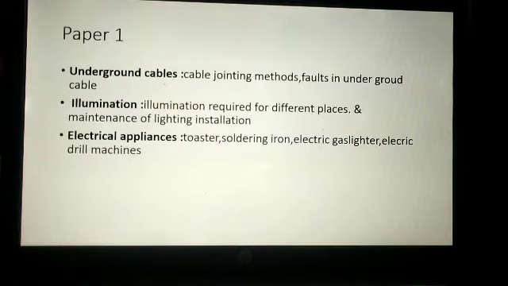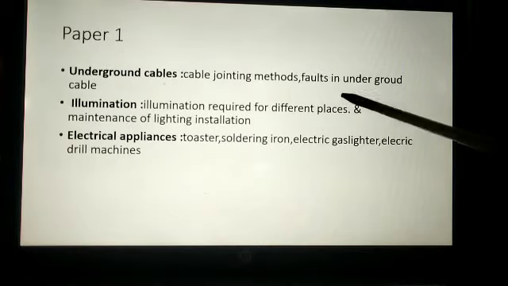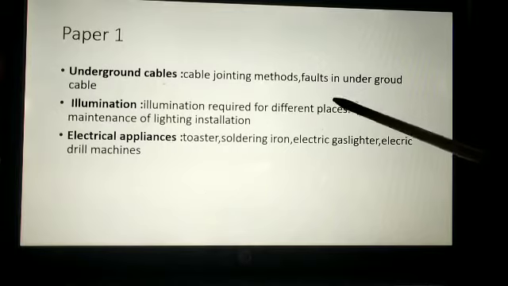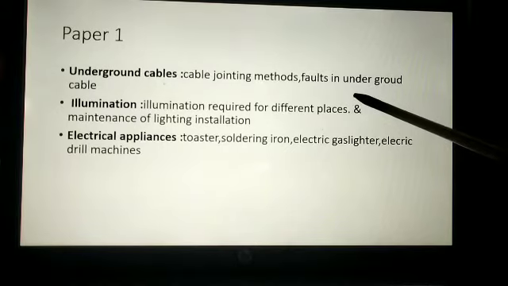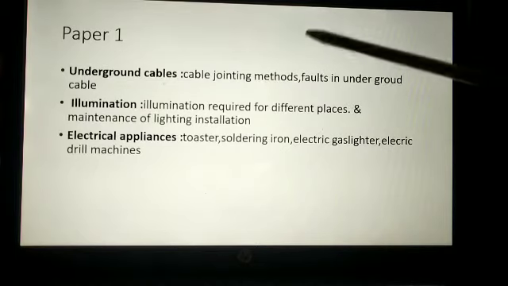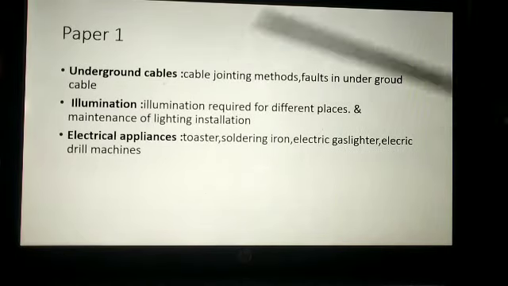Underground cables. From underground cables, cable jointing method. You can see this is the 8th chapter and the subunit is 8.8, that is reduced. Faults in underground cables, 8.9 subunit. These 2 subunits are cancelled.